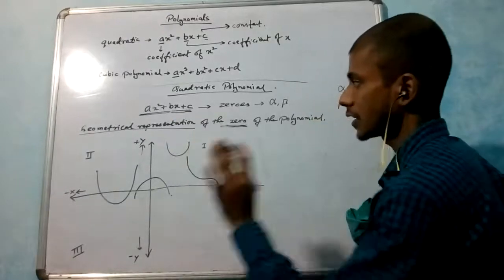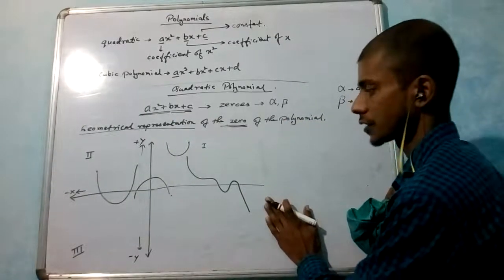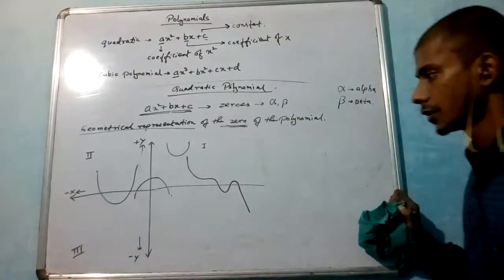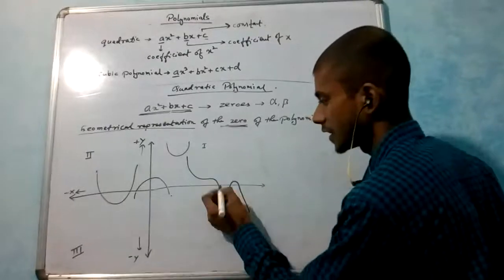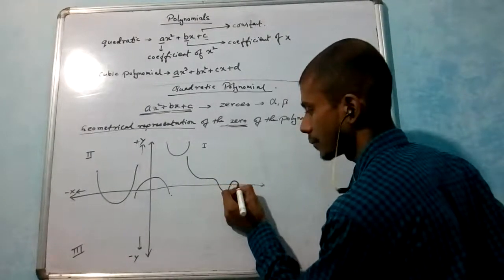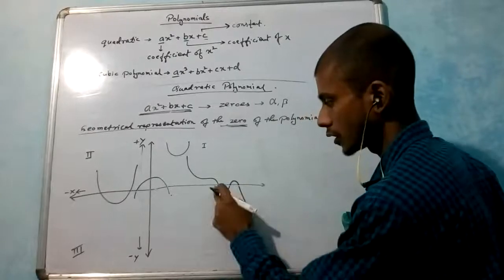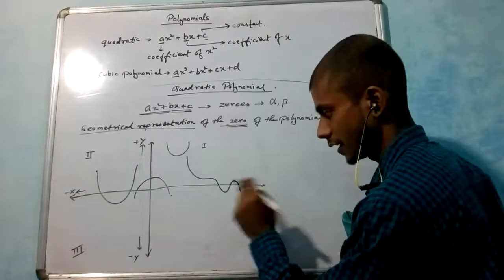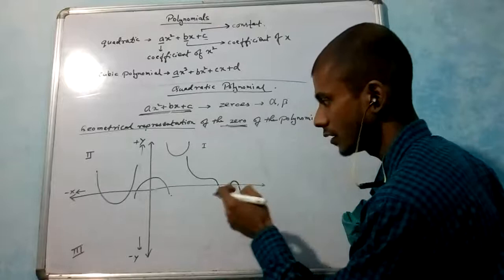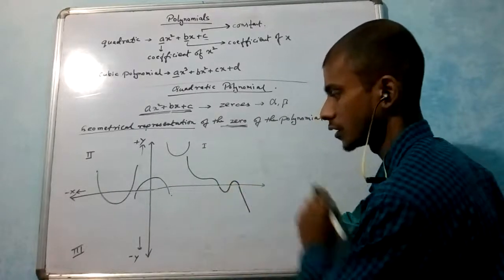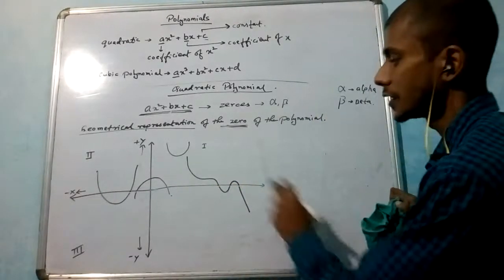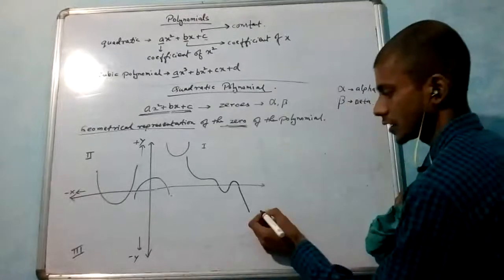But I am asking how many zeros we can see for this curve. We see at how many places it is intersected by the x-axis: 1st place, 2nd place, 3rd place. The x-coordinates of these 3 points are the zeros. So there are 3 zeros, which means it is a cubic polynomial.